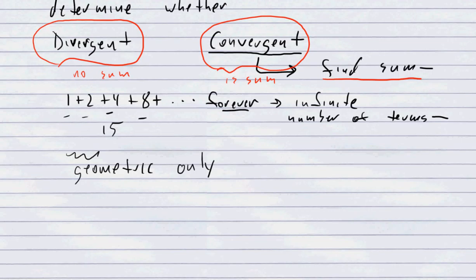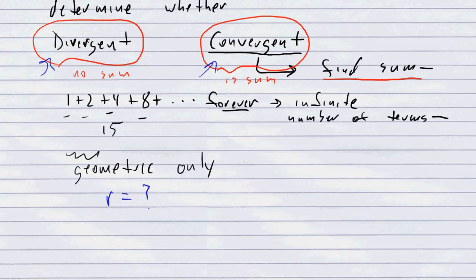As I said above, it is the convergent ones that have a sum, the divergent ones that do not. Well, in order to find out if it's divergent or convergent, you figure out what the R value is. You look at this series and you calculate or deduce what the R value is.